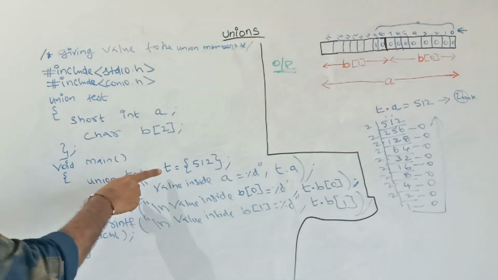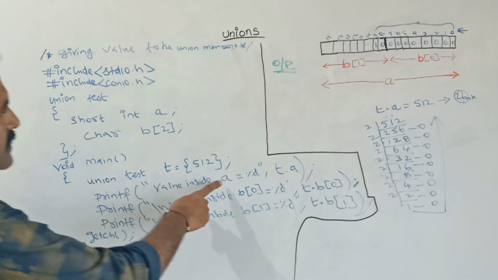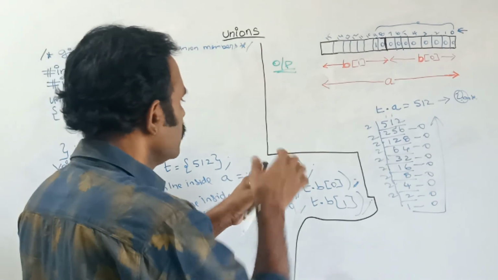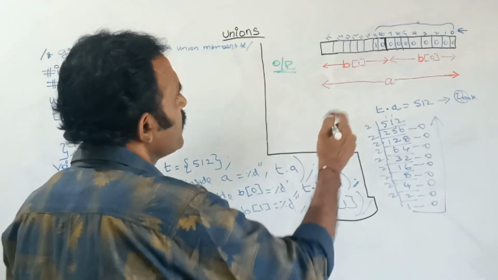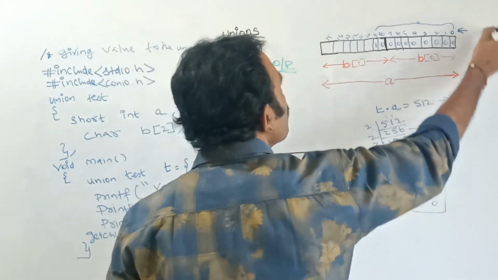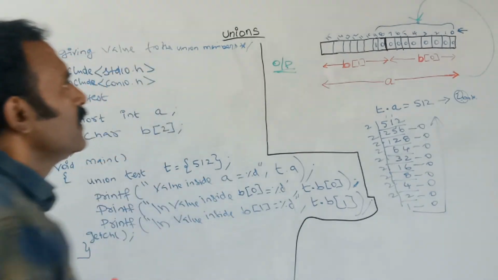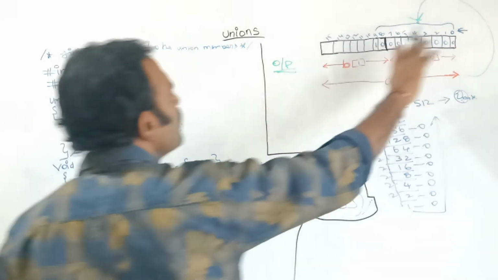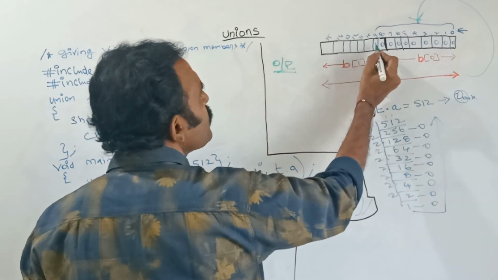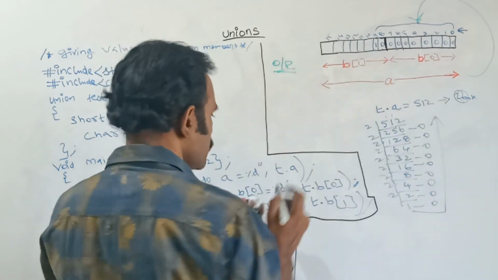Suppose I am storing the 512 and I am telling to print the value inside this A, that is, T.A is how much here. Now this is the important T.A. This value now I am storing. At a time we can store only one value. So it will be stored in this way. Here, the remaining part up to 16 digits, we had used only the 10. The remaining part will be 0.